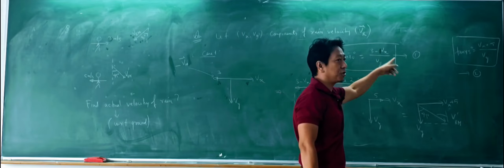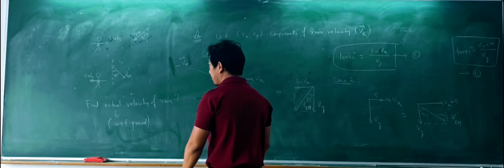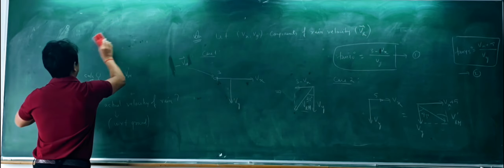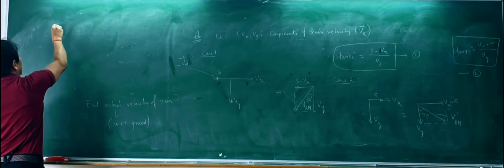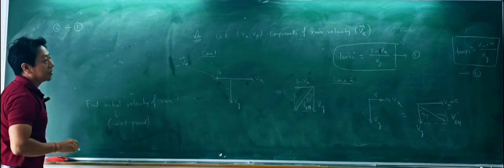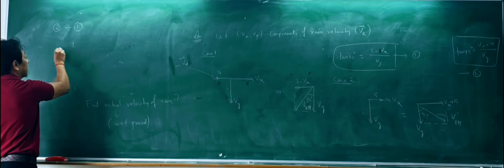What you should do is divide those two equations. If you divide, Vy will cancel. Let me do it for you here. So equation 2 divided by equation 1. The left side of equation 2 is tan 45, which is 1.